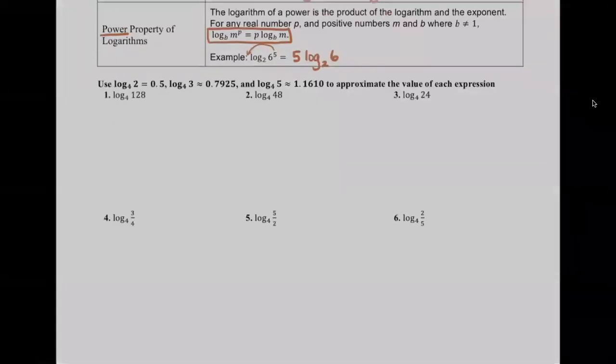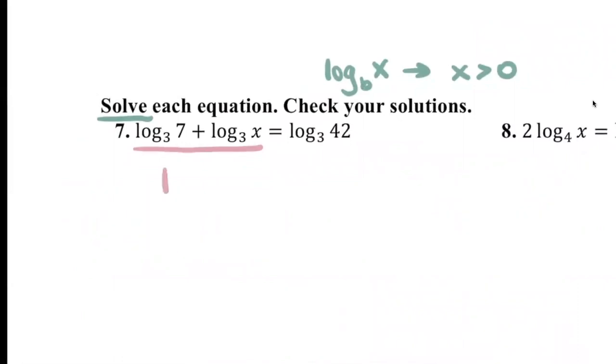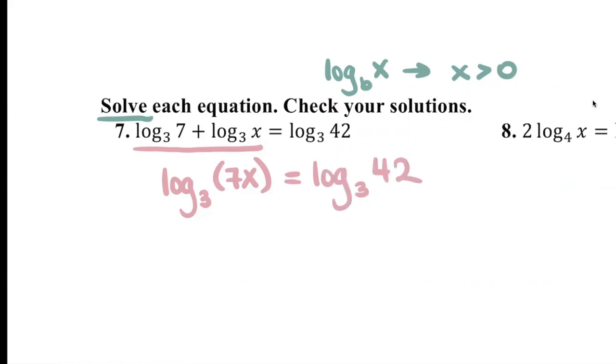So let's do that. Let's combine these 2 logs to make it one single log by multiplying the arguments. Okay? And that's equal to log base 3 of 42.